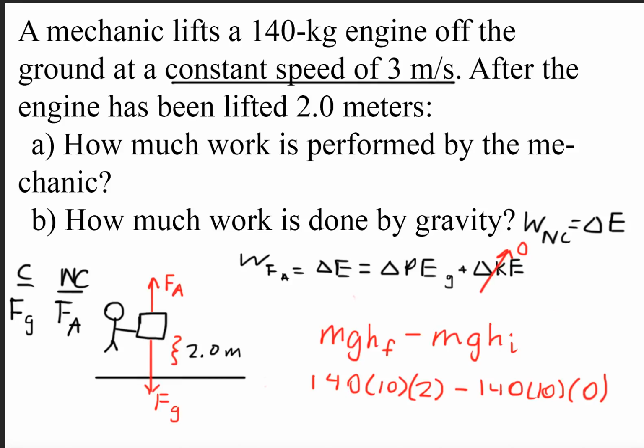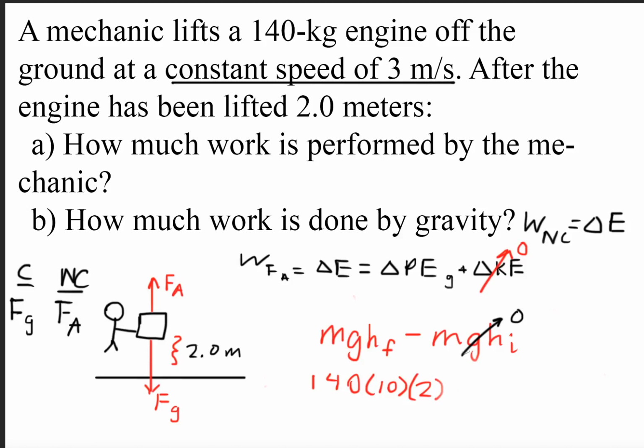So again, just to recap real briefly, because we lifted it off the ground, and on ground level, we consider that to be a height of 0 meters or 0 inches or what have you. So this expression right here becomes 0. So all we're really worried about in this situation is this portion right here.